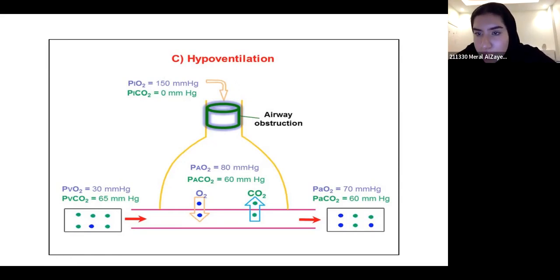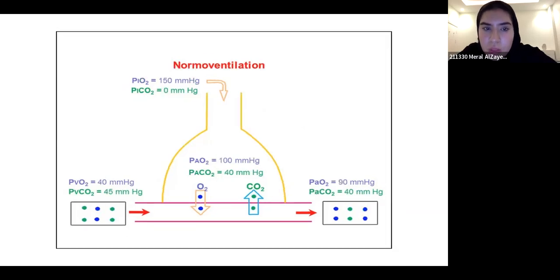Does this mean we have diffusion limitations since they are not equal? I didn't understand your question. You mean in the previous slide here? Does this mean we have diffusion limitation here?